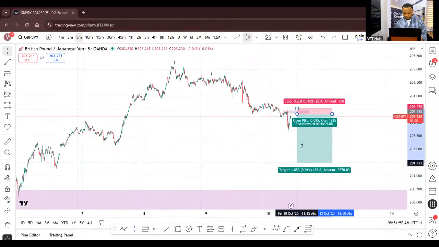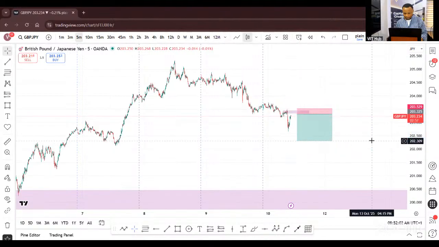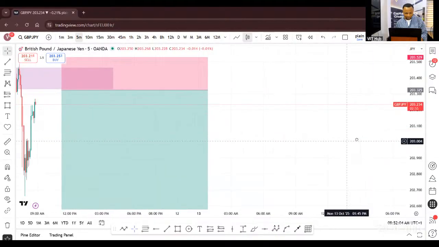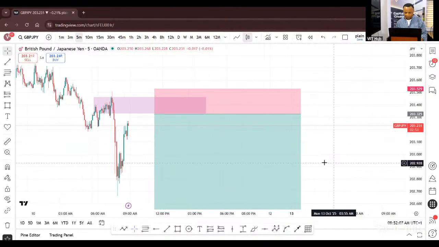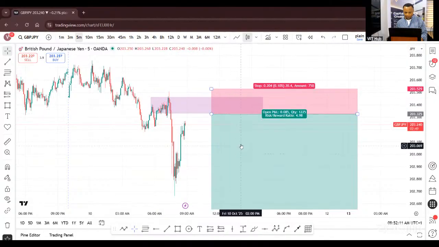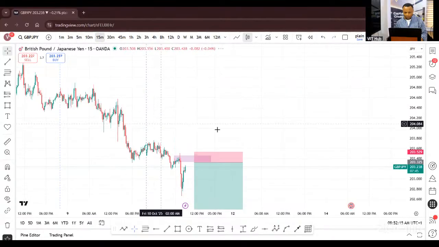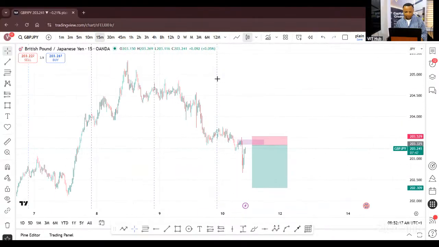Of course, we're going to try and get the first set of target, which is somewhere around here. So this is my bias on GBP JPY. I want to take this sell trade all the way to the downside. Once it triggers, I'll be selling GBP JPY. This is what we're looking out for: a very quick short sell to the downside.